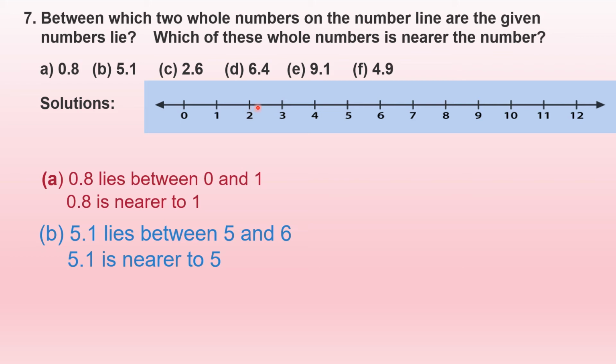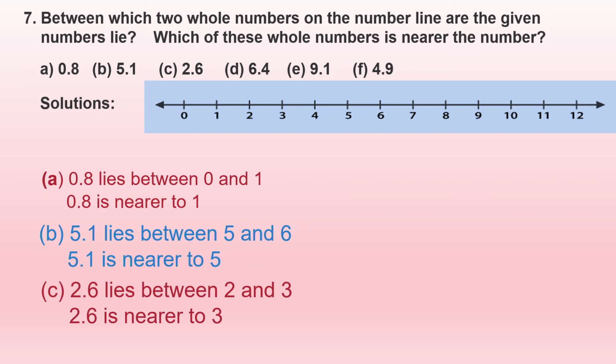So 2 in the center 2.5, then 2.6. So it is nearer to 3. Next question is 6.4. 6.4 lies between 6 and 7. After 6, 4 divisions. So 6.4 means it is nearer to 6.